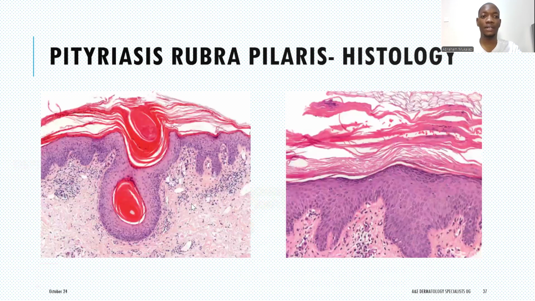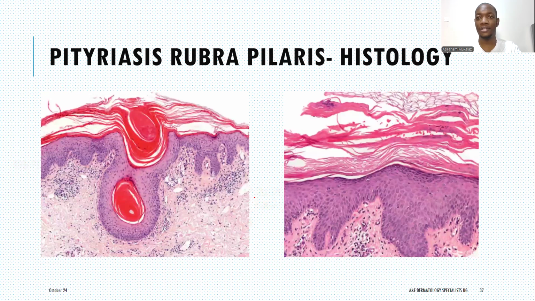So how do we treat Pityriasis Rubra Pilaris? This is another picture of how it will look like. Now this is what we call follicular plugging. You see this? Then you see parakeratosis. Parakeratosis, remember, it simply means retained nuclei. So you see here.